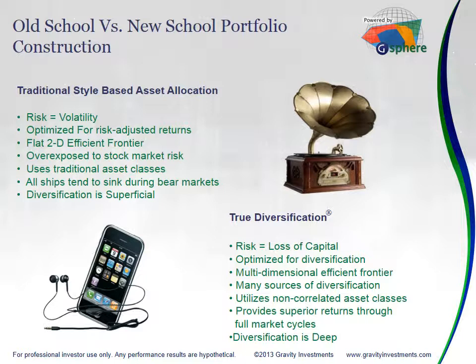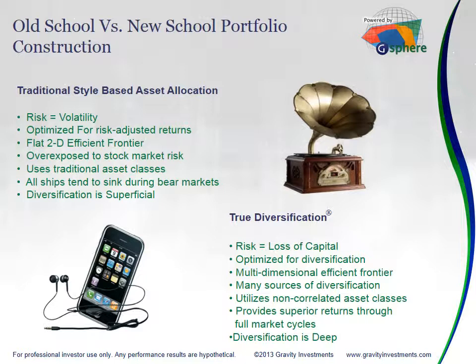And we're optimizing explicitly for diversification instead of having diversification as a stepchild to risk minimization. And that's done in a multi-dimensional sense instead of in a two-dimensional sense.